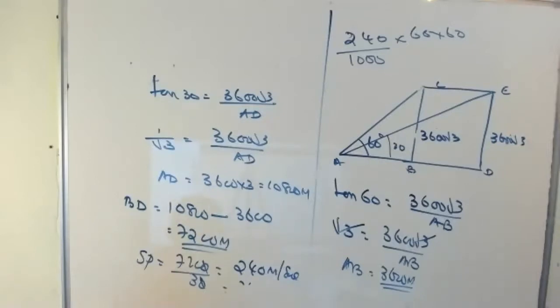Okay. After 2 seconds, the angle of elevation of the bird from the point of observation becomes 30 degrees.